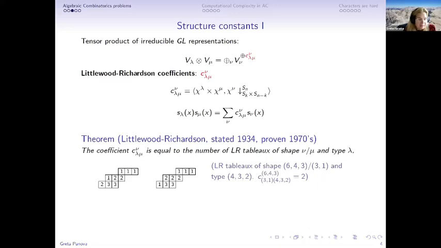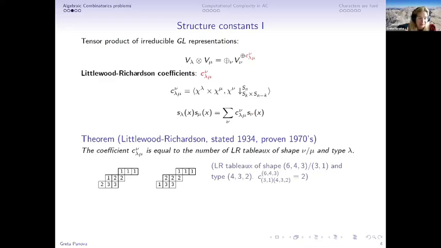So that is a combinatorial rule or a combinatorial interpretation that everybody likes and somehow wants to mimic in various ways. But of course, even that Littlewood-Richardson rule, first of all, as you can see, it took quite some time to prove it, and to prove it rigorously and correctly.